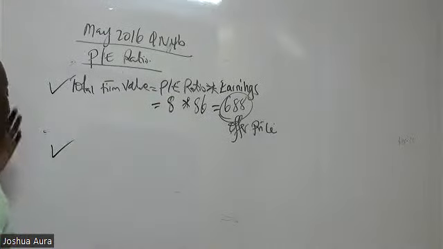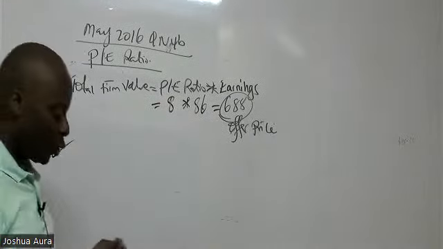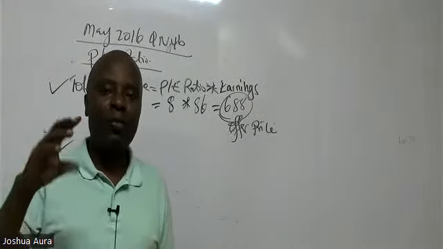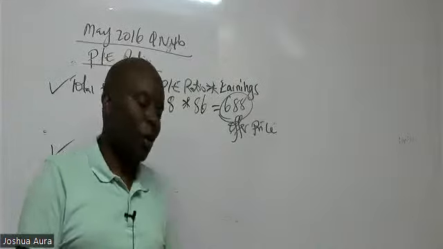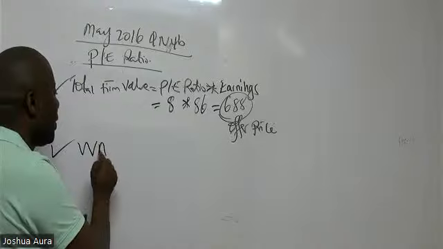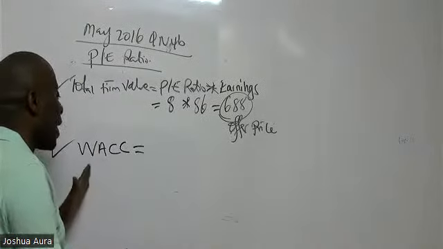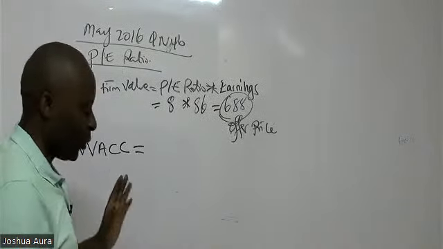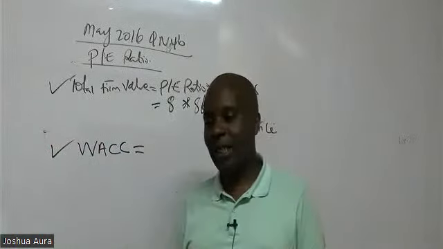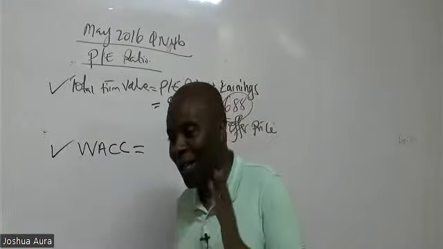Even after being appointed finance directors of their big companies, you'll get somebody, instead of pronouncing this professionally as WACC, calling it Wakaka. That's very unprofessional. It's supposed to be WACC.